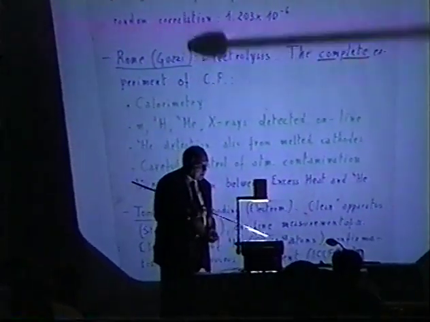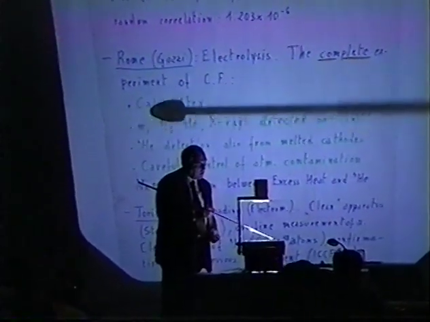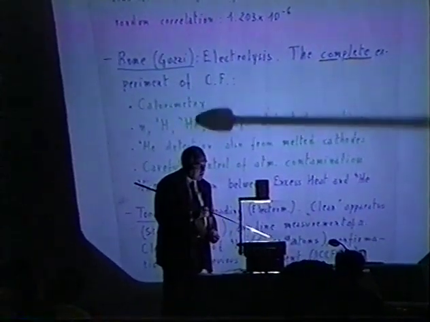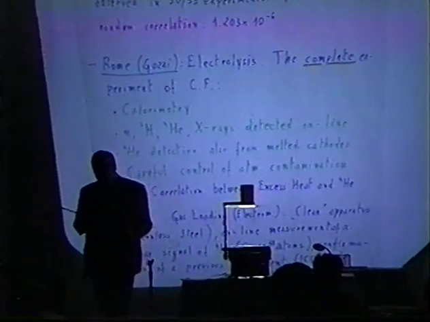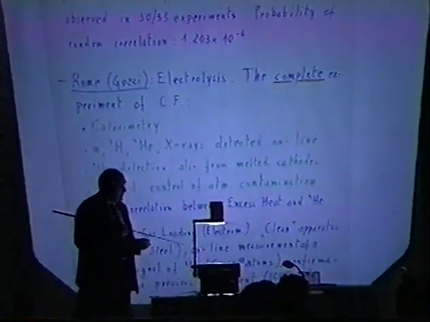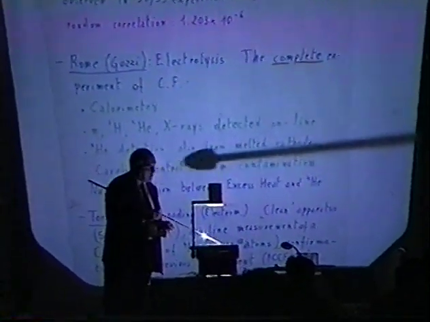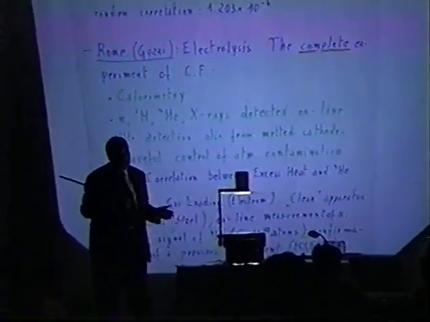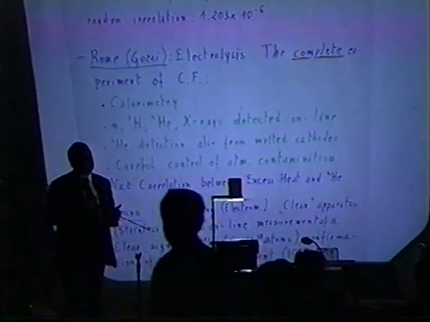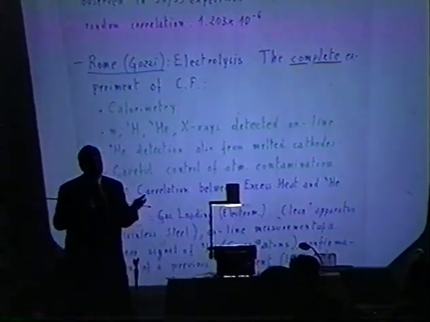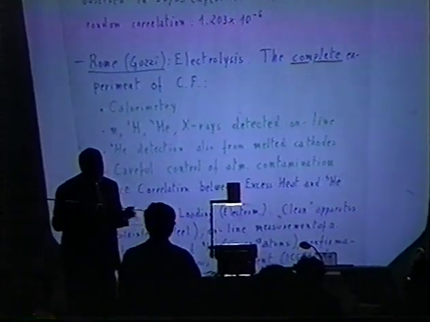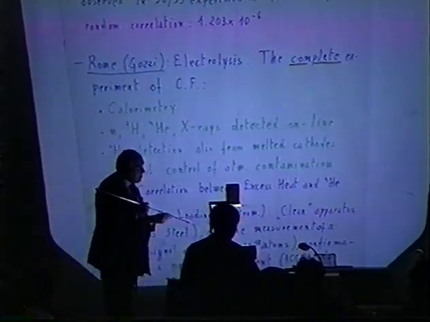They have color imaging, they have neutron, tritium, and X-ray detection online, which is something most people did not have. They have careful control of atmospheric contamination, because one of the troubles in helium measurement is leakage of the system and some helium entering.